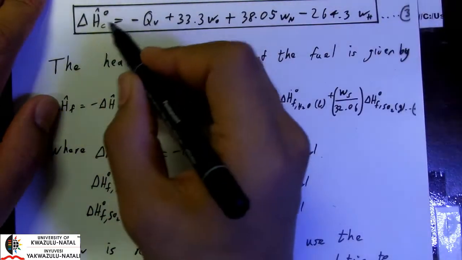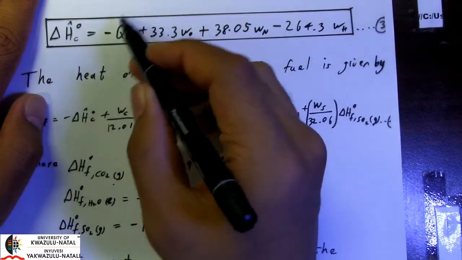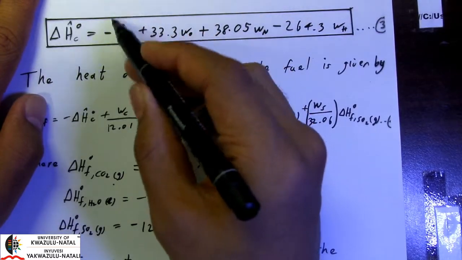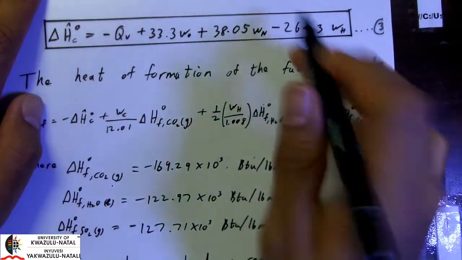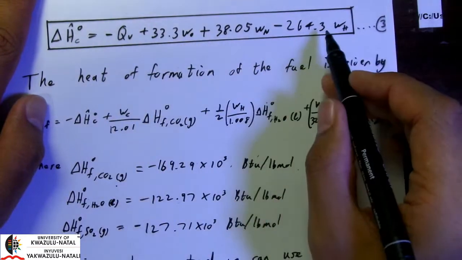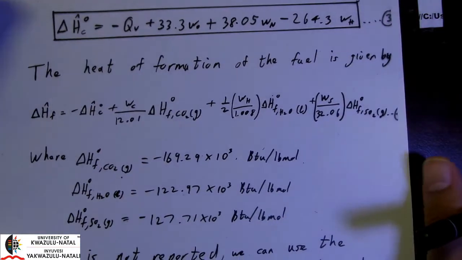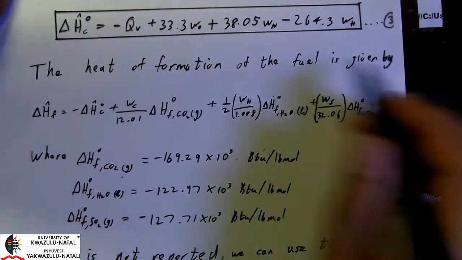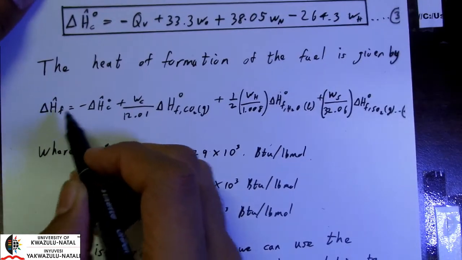For any fuel, we can approximate our heat of combustion if we know our high heating value or our gross calorific value, QV, and we use the approximate reaction. And from there, our heat of formation of our fuel is given by the following.